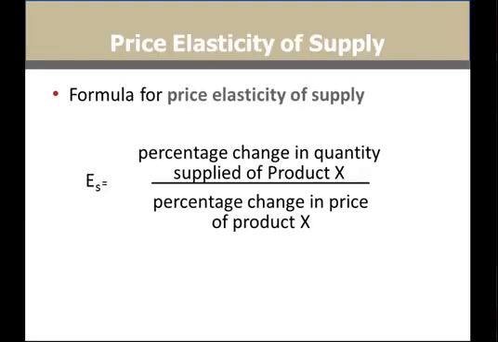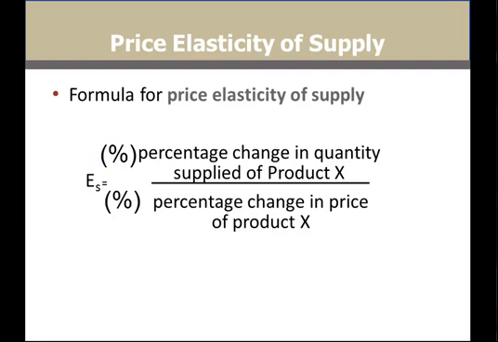Price elasticity of supply. The quantitative measure of elasticity, or E sub S, is equal to the percentage change in quantity supplied divided by the percentage change in price. The concept of price elasticity also applies to supply. We use percentages, so it doesn't matter which unit of measure we are using.